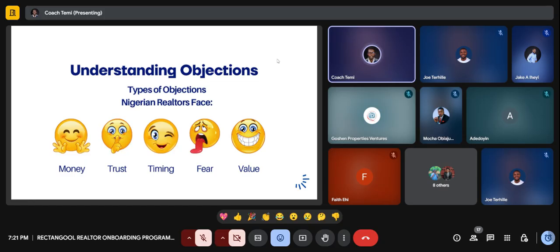We have the trust objection, that speaks to whether or not they can trust you based on their experience in the market or with other realtors. The timing objection speaks to the fact that this might not be the right time to buy property or a product. Nonetheless, they have the money, perhaps they trust you, but the timing is just the issue.